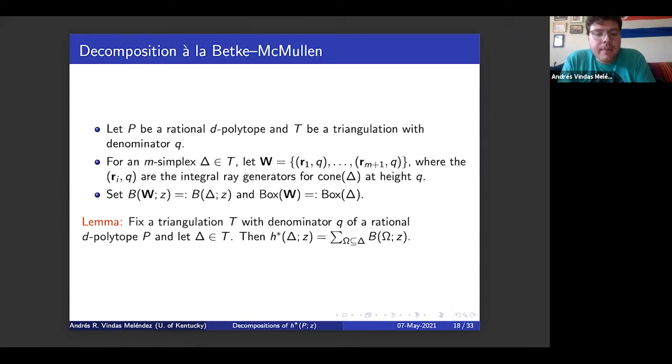And so here's a lemma. I'm going to fix a triangulation T with denominator Q of a rational d-polytope. I'm taking all the simplices in T, and then the H-star polynomial of a simplex is the sum of the sub-simplices, if I write them as half-open decompositions. So I'm taking the box polynomials of the half-open decompositions of my simplex.